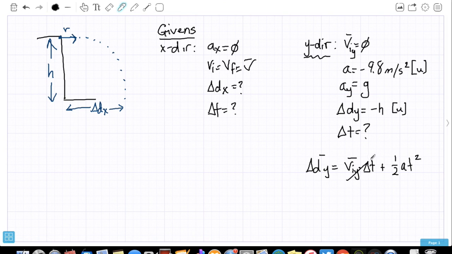So this term goes to 0. And then this here is negative h equals half g t squared. And then we're solving for t. We're going to replace it in here. And so if we do our algebra here, oops, made a mistake.